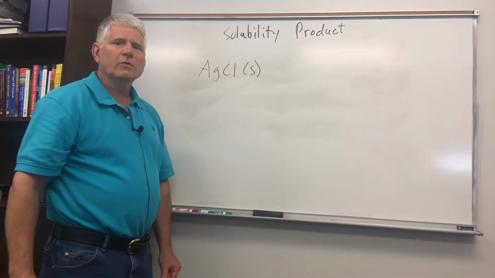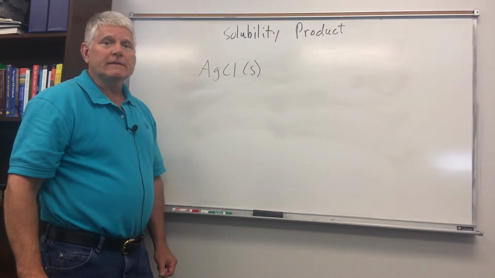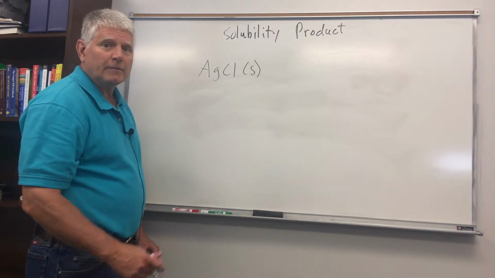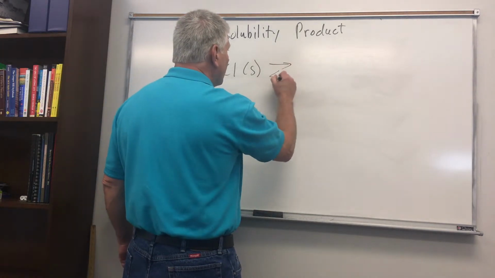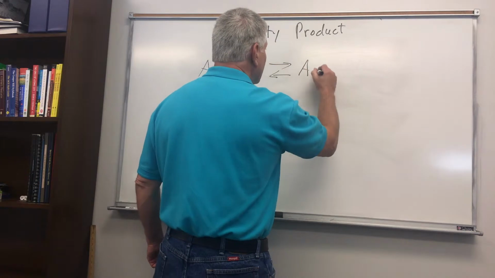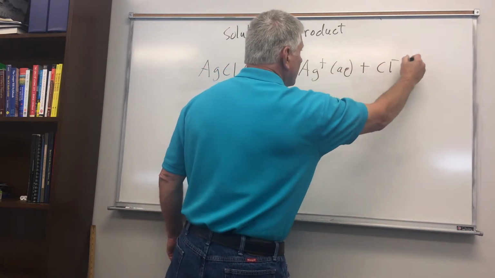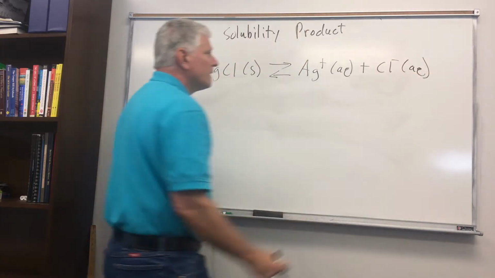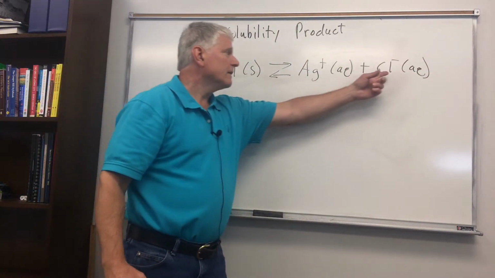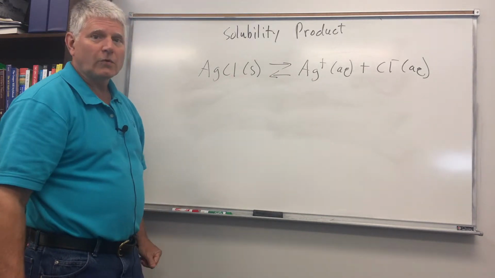So if we take silver chloride solid, drop it in water, most of it stays in the solid phase, but a little bit of it will dissolve and will form an equilibrium between the dissociated chloride minus and silver plus ions and the solid silver chloride.